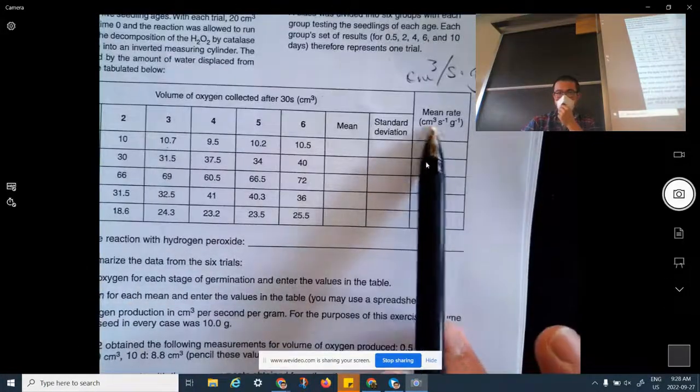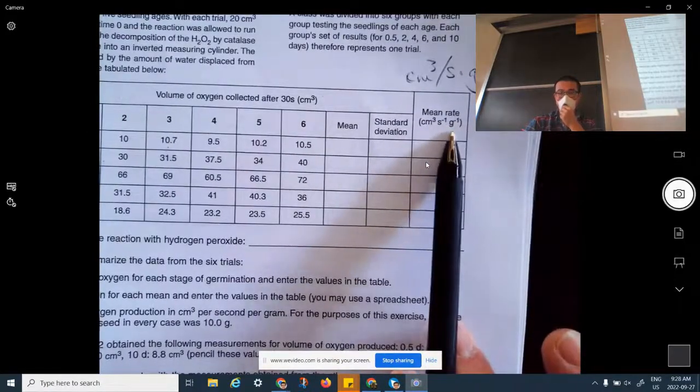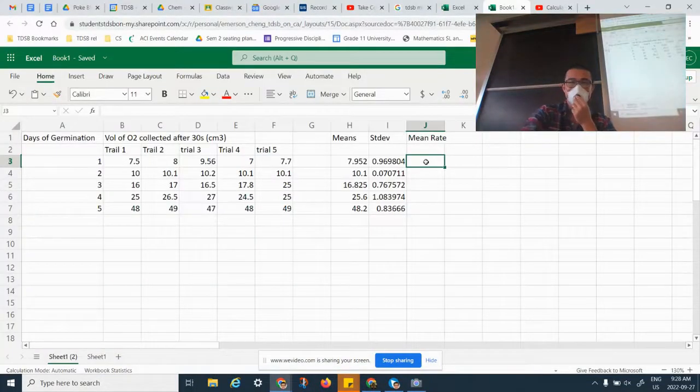So in this case, this is where that grams unit comes in. To calculate the mean rate, assuming that's the same thing, you use the average divided by, remember, it's 30 seconds.